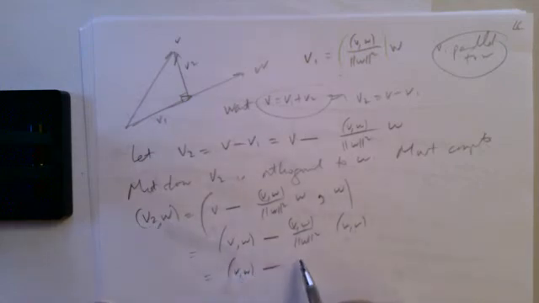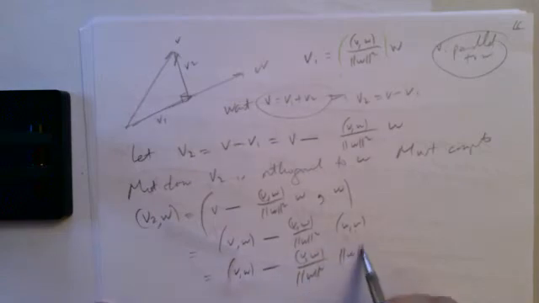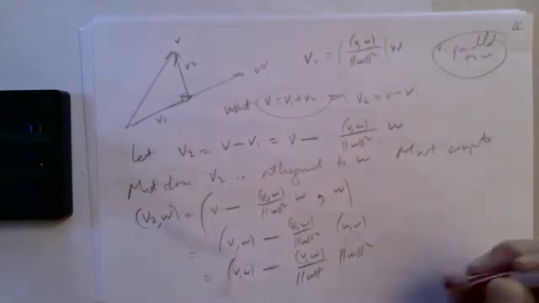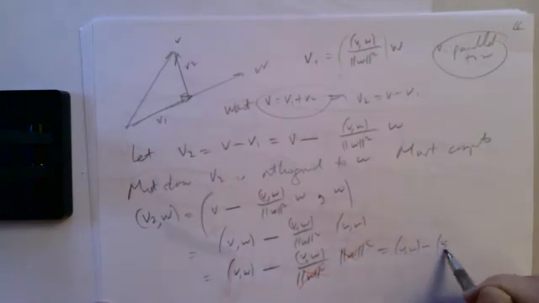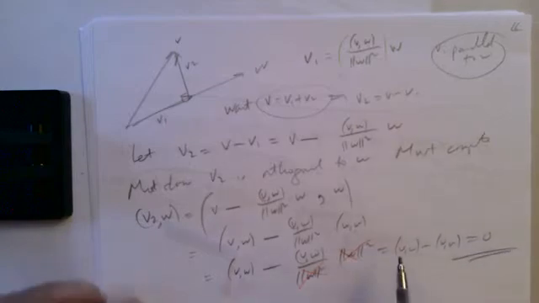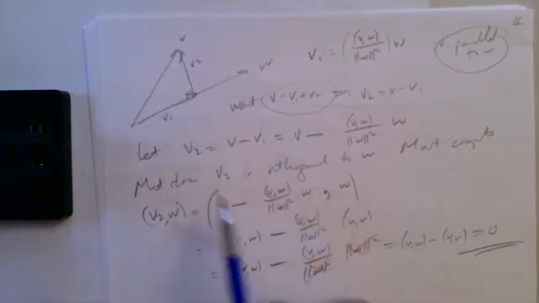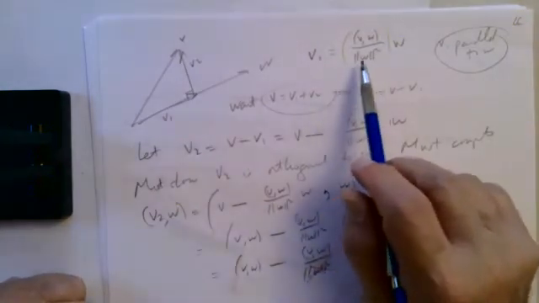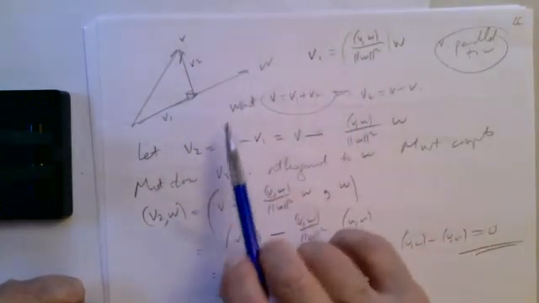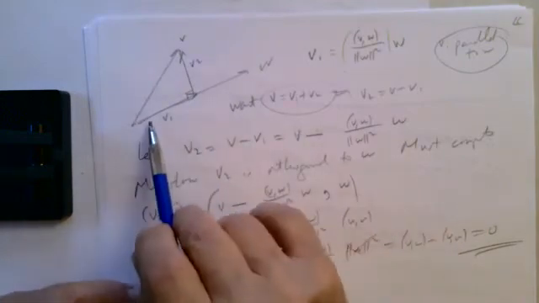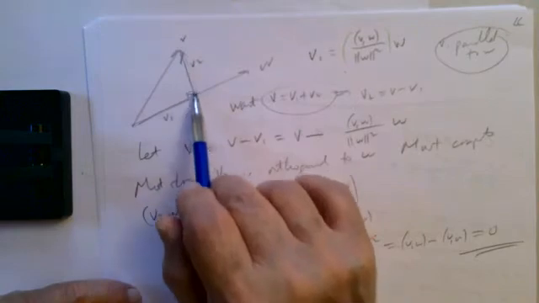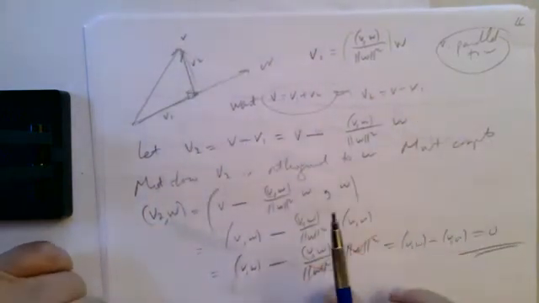This is VW minus VW over the length of W squared times the length of W squared. And these cancel. So I'm left with just VW minus VW, which is 0. So by this magic formula, I have V is the sum of a vector parallel to W and a vector perpendicular to W.